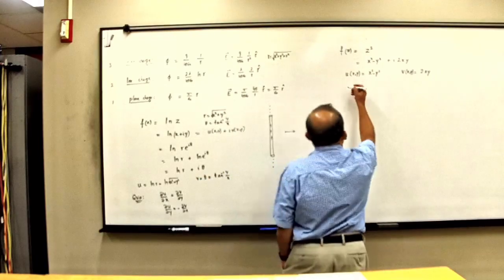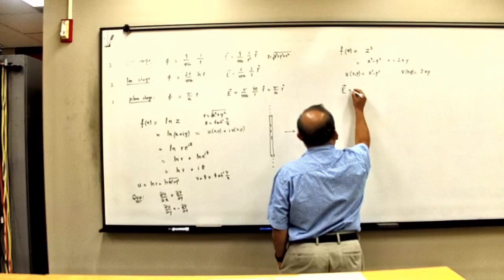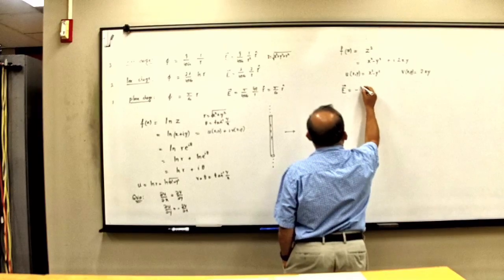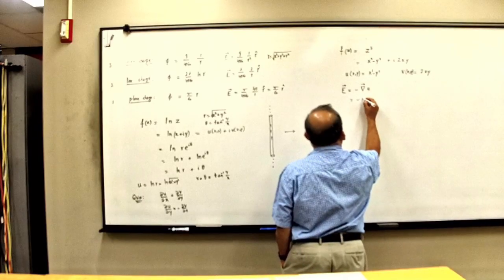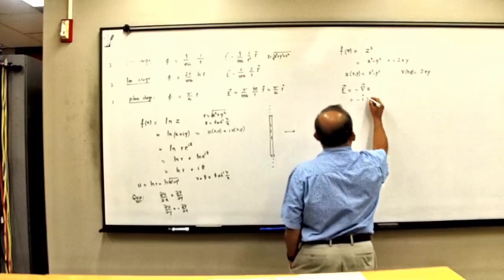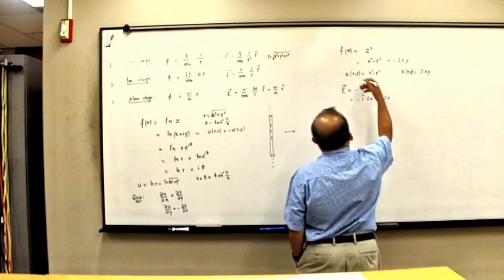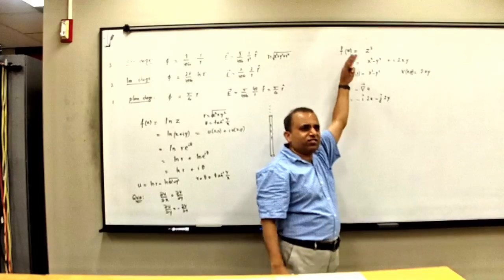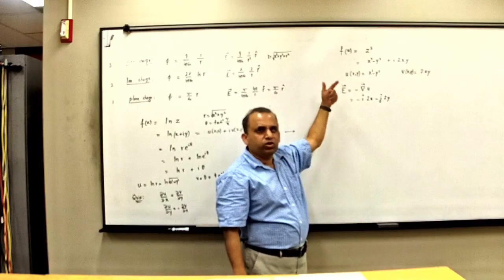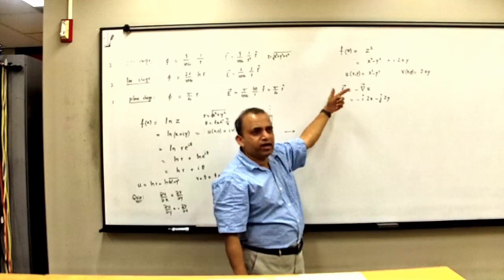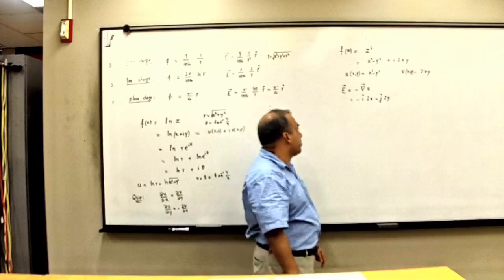The electric field would be equal to the negative gradient of u, that's equal to minus i hat times 2x, and minus j hat 2y. Notice I started with a complex function, and at this stage I switched to doing gradient, pretending that I'm doing electrostatics in 2 dimensions. That's your electric field.